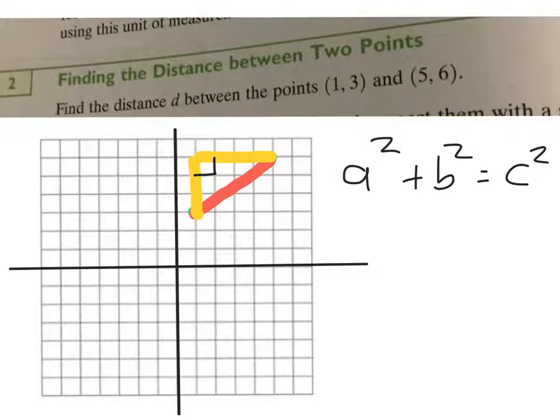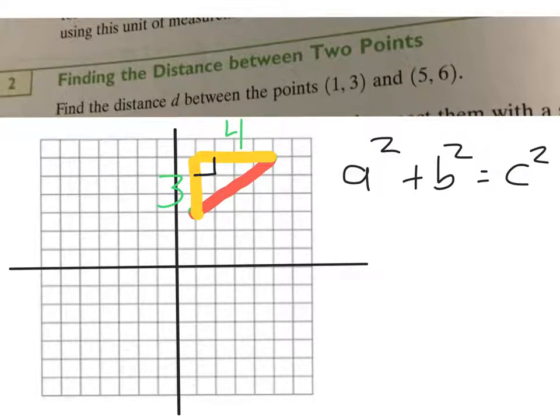Right? So say that we start here at this bottom point. Now, how far did we rise? Well, we went up 1, 2, 3 units. So that side of the triangle will be represented with a number 3. It's 3 units tall. And then as we go right and left, we're going over 1, 2, 3, 4 units. So that side has a length of 4.